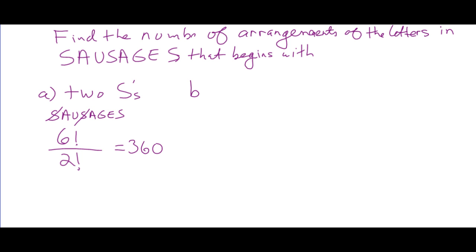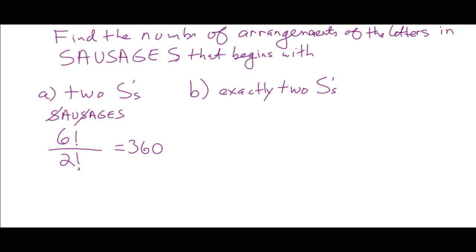So B. Now we're going to say exactly 2 S's. How can we do this? Well, got a similar question, right?